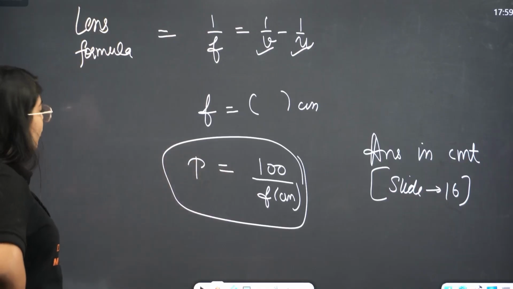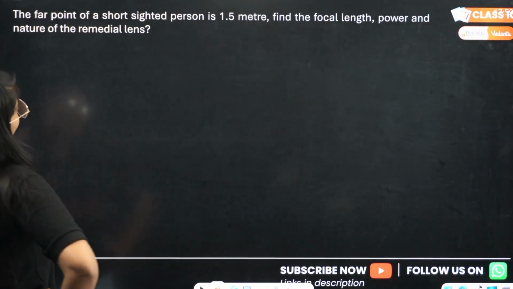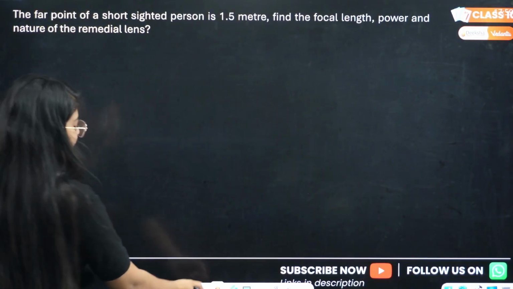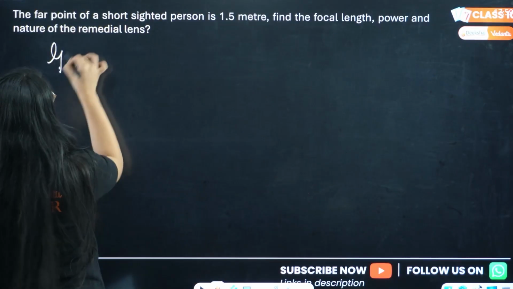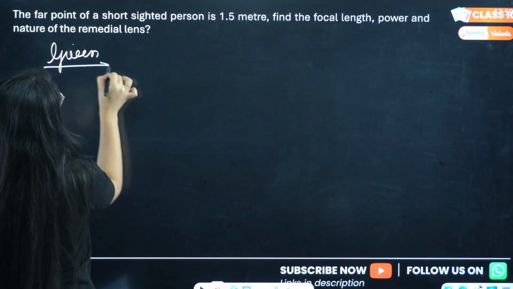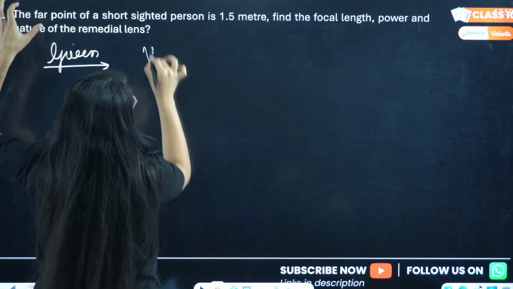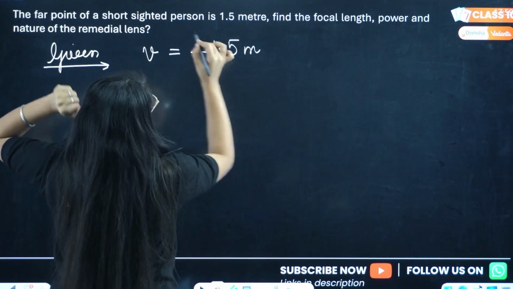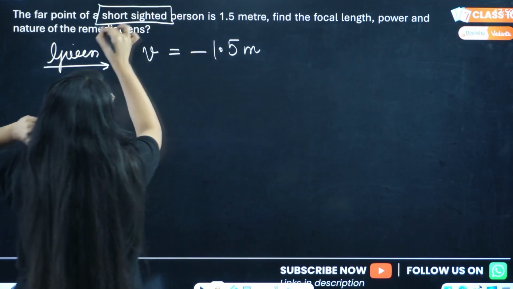Okay, one more question, that is your homework now. The far point of a short-sighted person, they have given everything. Whenever the far point is given, it is always V, and it is always negative, minus 1.5 meter, and it's a short-sighted person.